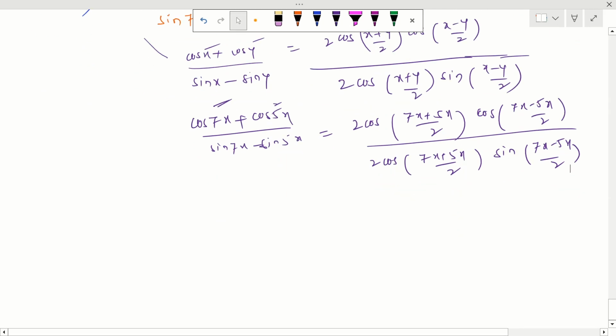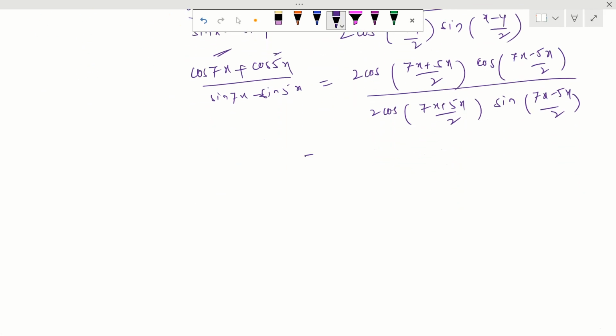Now simplify: 7 plus 5 is 12, 12 by 2 is 6x, so cos 6x. And 7 minus 5 is 2, 2 by 2 gives x, so cos x.